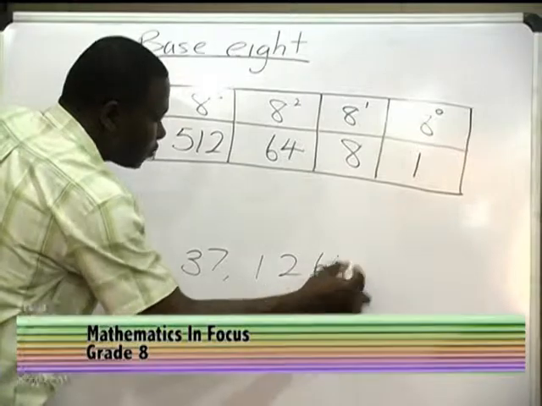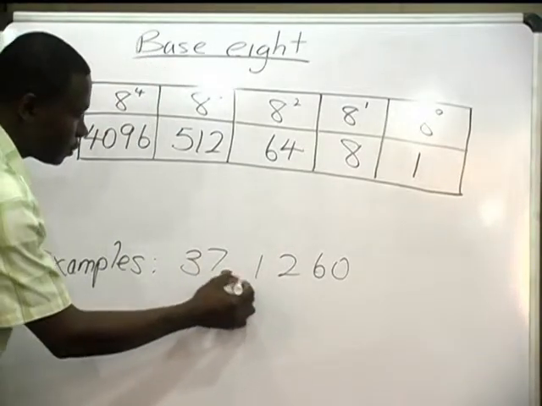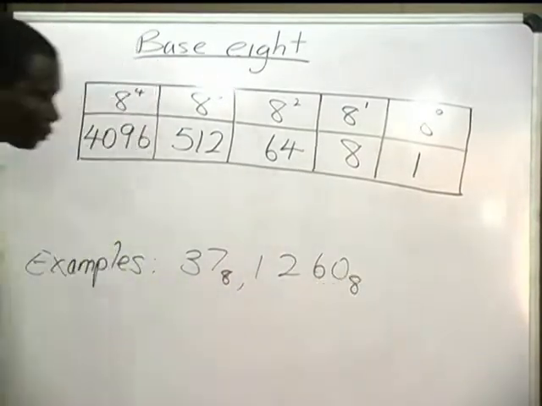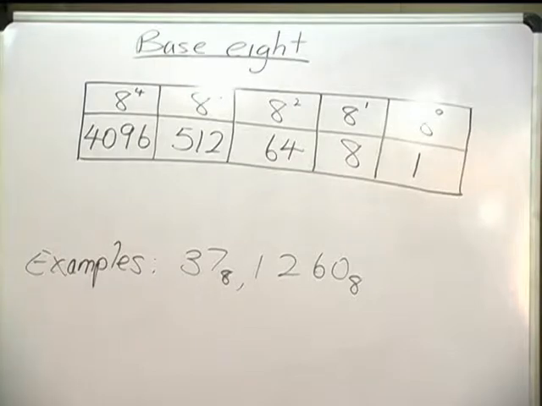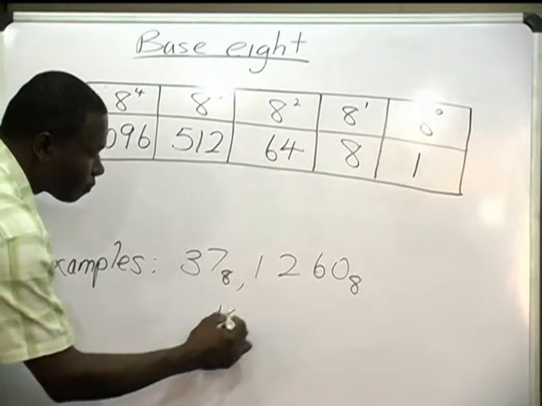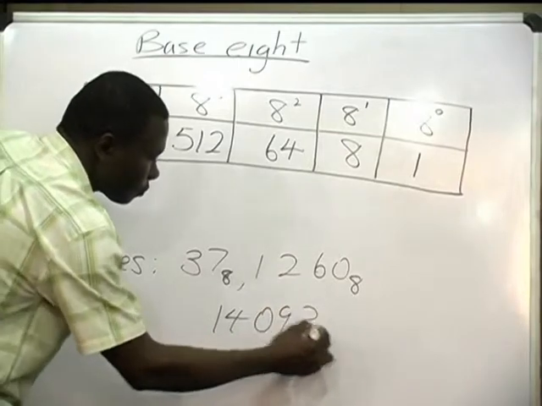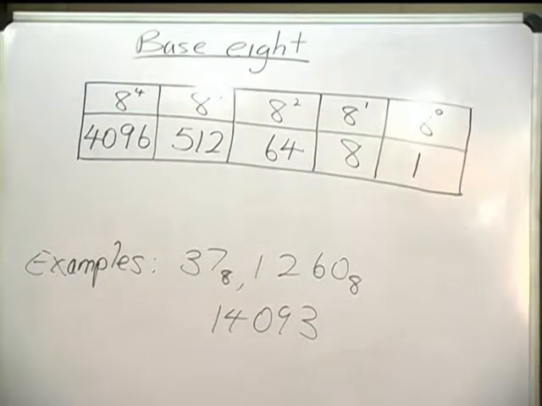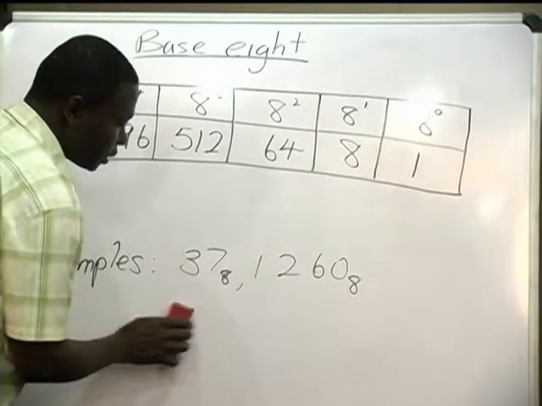Base 8. Do you agree that these are base 8 numbers? Anything wrong with these here? What about this one here? Is this a base 8 number? No, sir. What is wrong there? 9. Good. So this is not a base 8 number.